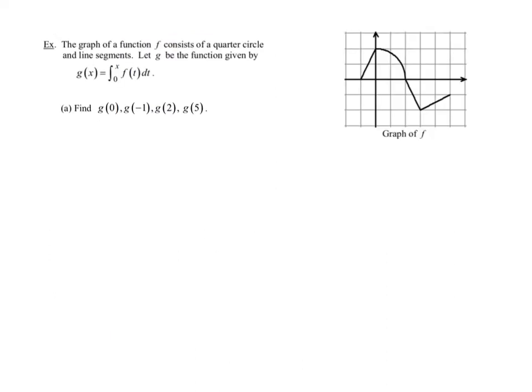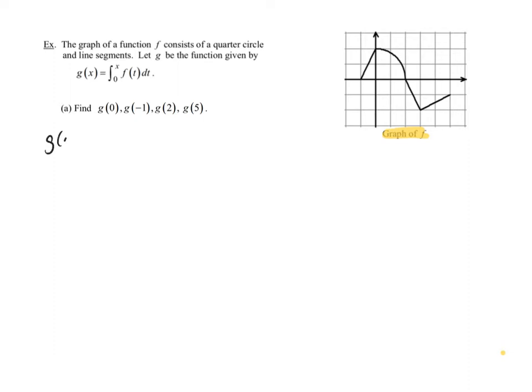Okay, so we'll take a look at our first example here that involves a function defined as an integral. The graph of the function f is given in this problem, and we're also told that the function g of x is the integral from 0 to x of f of t dt. The first thing this problem wants me to find are several values of the function g of x.